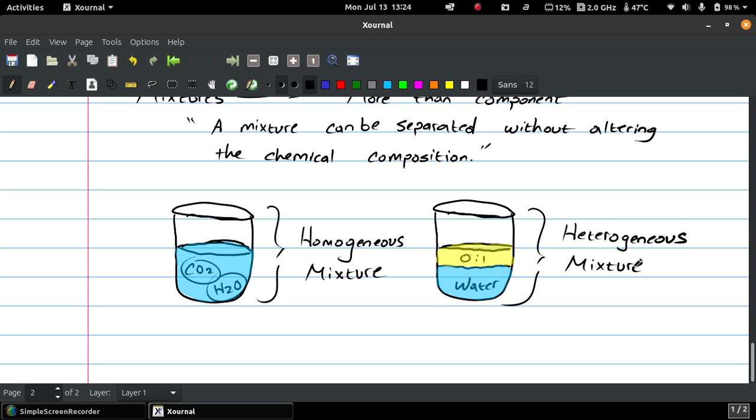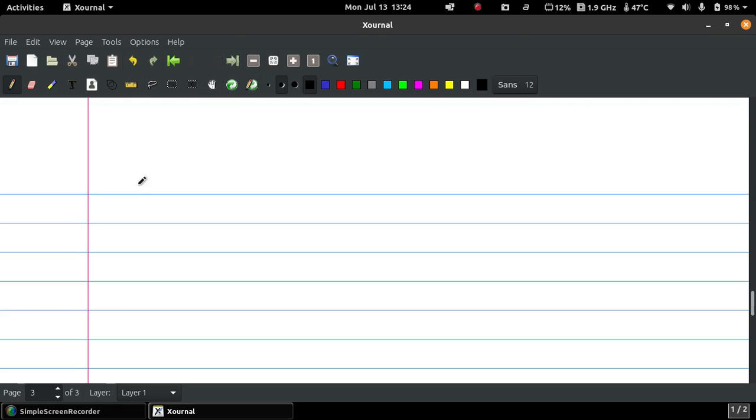All right, so I'm going to write the definitions on the next page. If you need a second to copy this, or you want to take a picture, just pause the video. So, homogeneous. The meaning is multiple substances, but it appears to be only one.